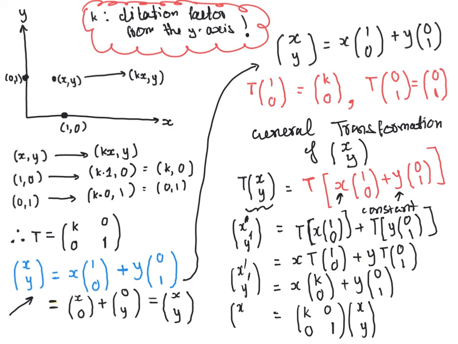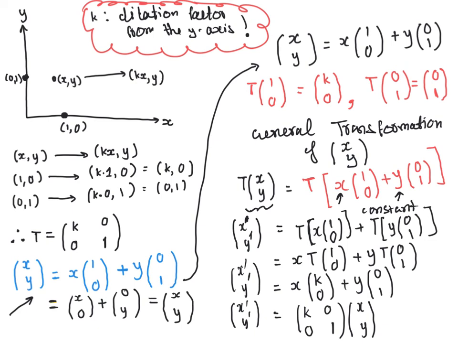This is the full derivation of my previous videos, where I assumed T equals k 0, 0 1 and multiplied it by x, y without explaining how I reached that conclusion.